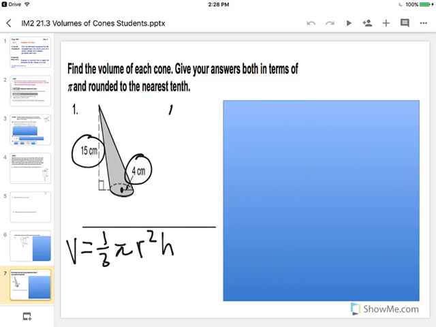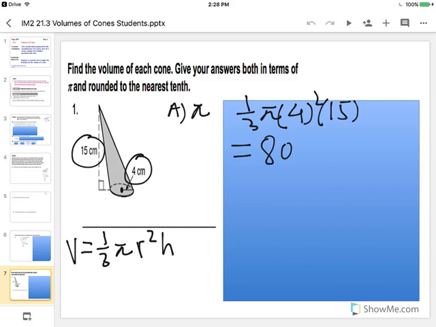So let's do part A. They wanted the answer in terms of pi. Right? So this is 1/3 pi times 4 squared times 15. Oops, it's not 15 squared, it's just 15. Okay, so this gives us 80 pi.